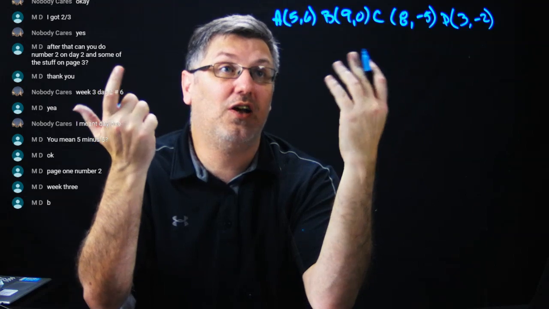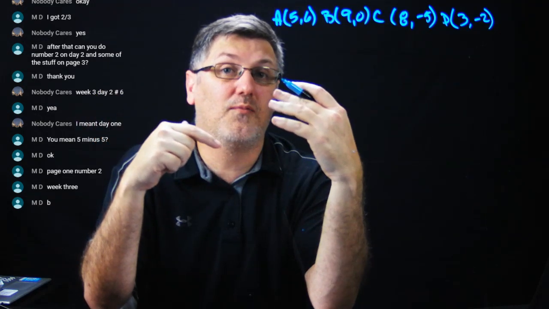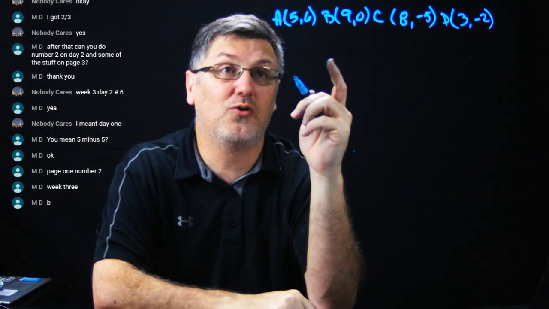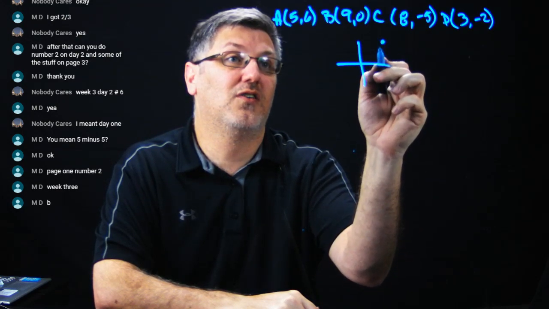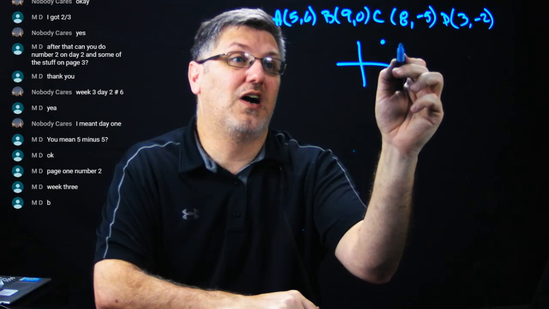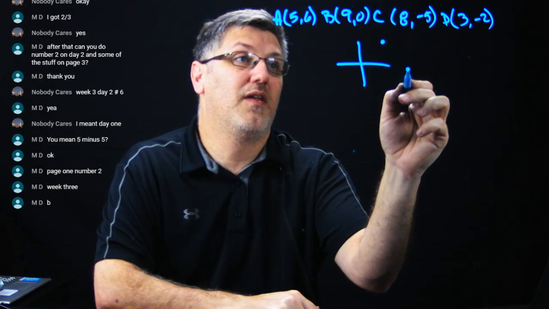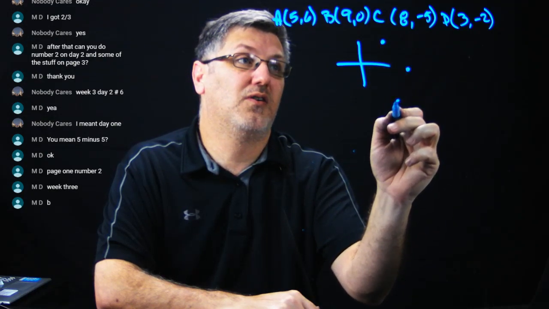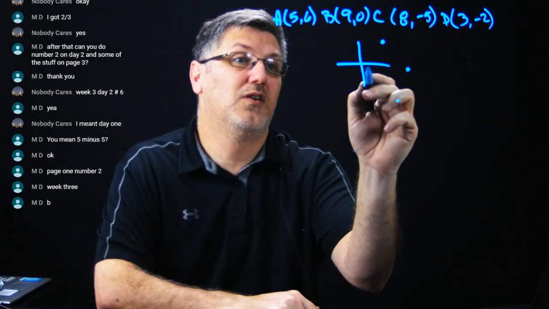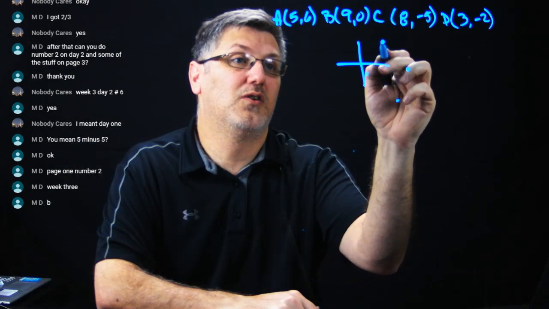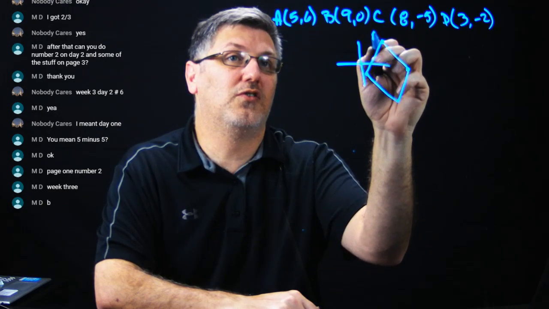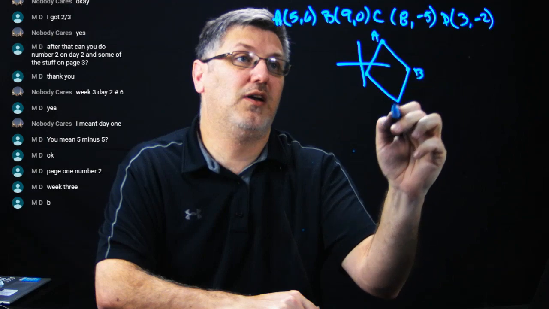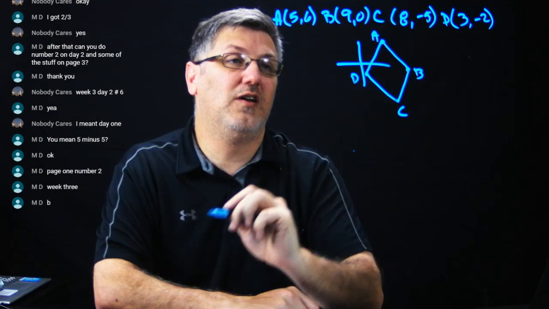We're going to look to see if the slopes are the same for the opposite sides, if it's a parallelogram. So sketch it out first. So I've got 5, 6, let's see, 9, 0, 8, -5, and 3, -2. Kind of looks right, but this will at least give me my launching points. So this is A, B, C, and D.